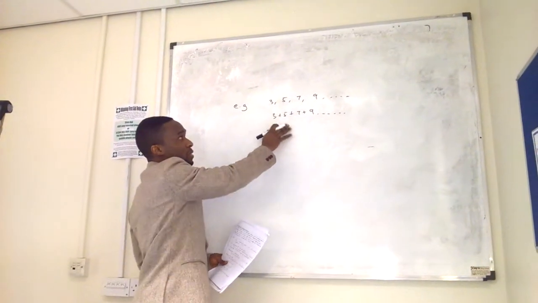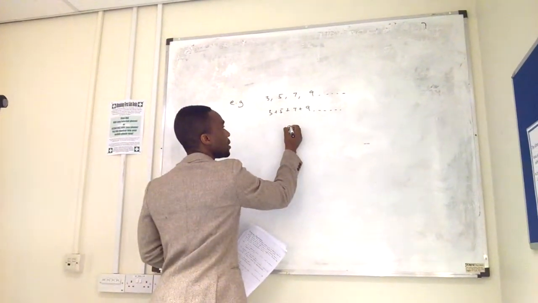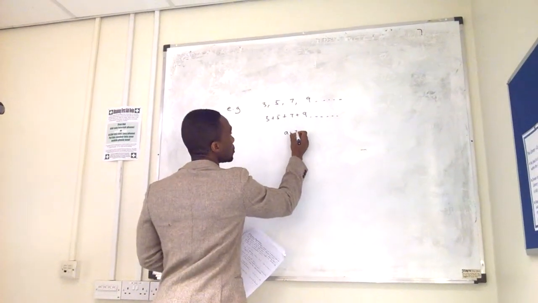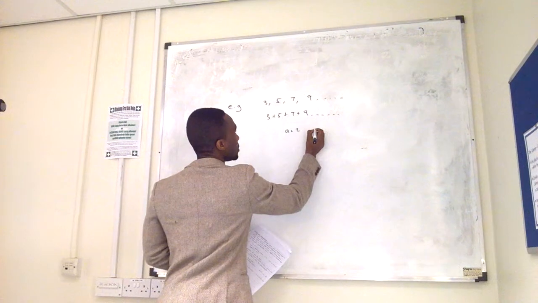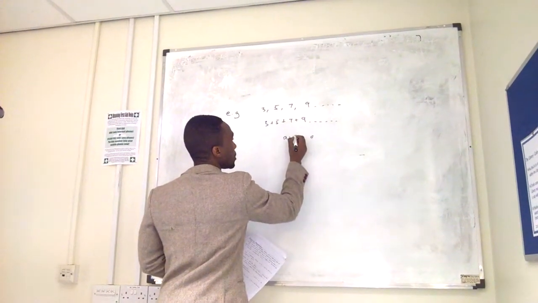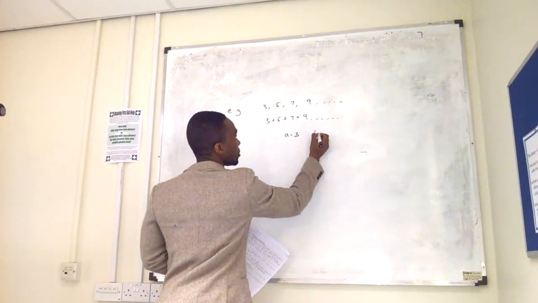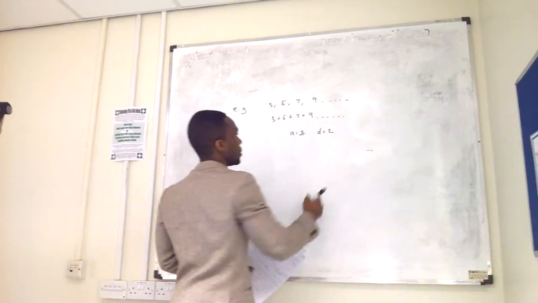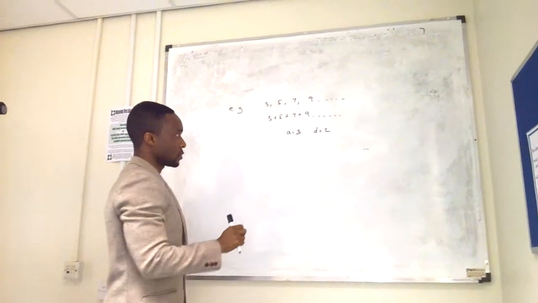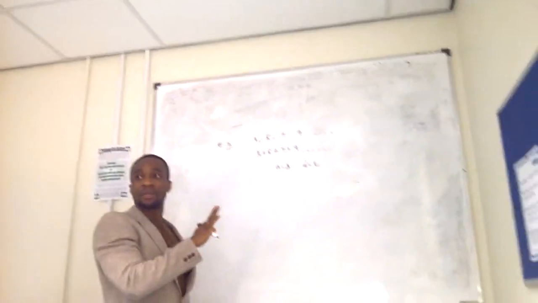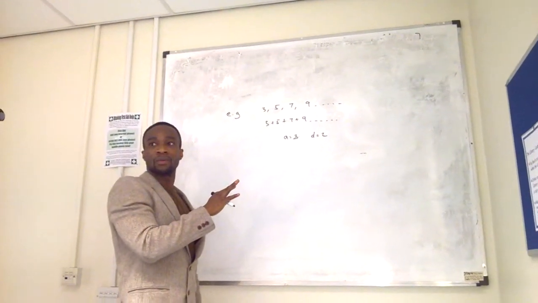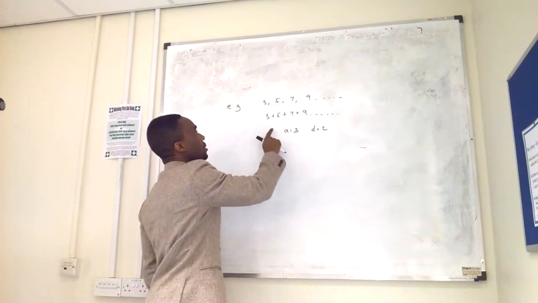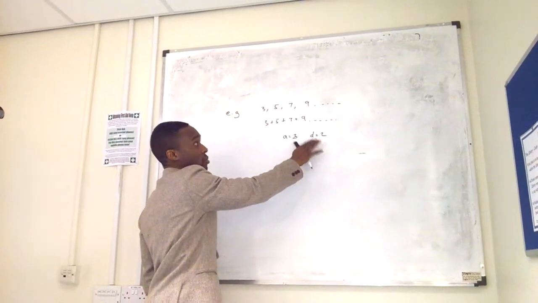In this particular instance, we have A equals 3, sorry, and D equals 2. Now, sometimes it's a little bit difficult to understand why D is 2.